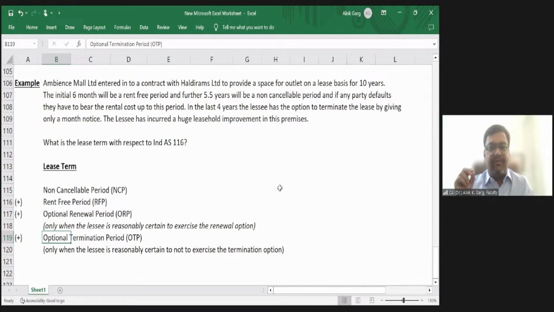In this case, whatever facts I have given you, do you think that the lessee will move from this contract after 6 years? Or lessee wants to stay for another 4 years? Think logically.